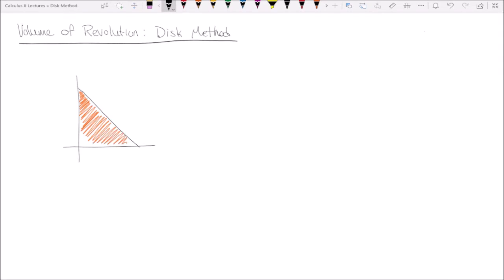And imagine, if you will, spinning it about the y-axis. Well, the type of shape we're going to get would be a cone.